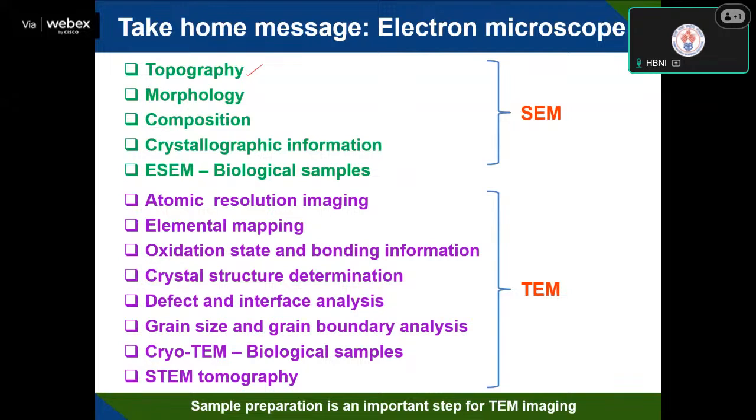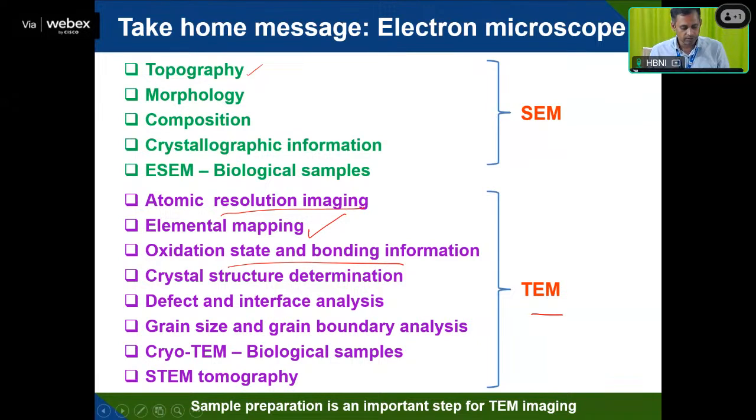But in the case of TEM, you can get information about atomic resolution, and elemental mapping is possible. You can identify individual elements. You can get oxidation state and bonding information using EELS. You can get crystal structure information from the diffraction pattern, so whether it is polycrystalline or single crystal, you can identify, and you can also find defects, dislocations, stacking faults, grain size, and grain boundary information using high resolution TEM.